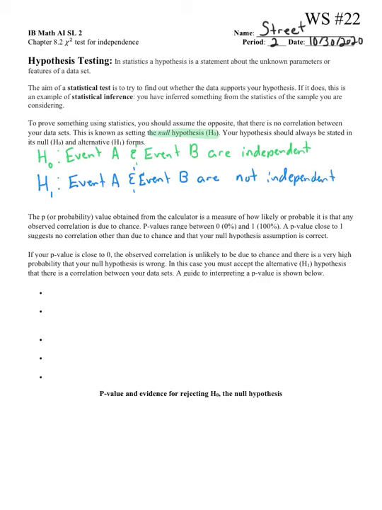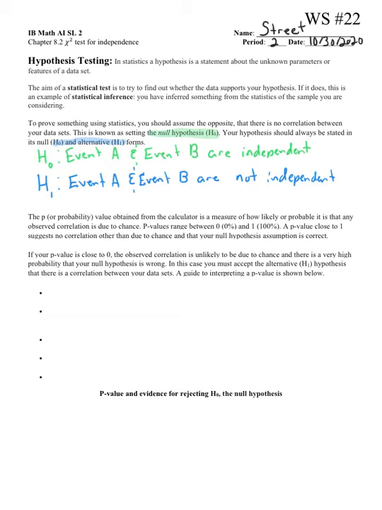Okay. That's the alternative hypothesis. So every time you write a null hypothesis, that's what you're basically trying to prove. Hey, are these two things independent? And then we have H1, which says they're not independent. So that's the other outcome of this testing, the test for independence.